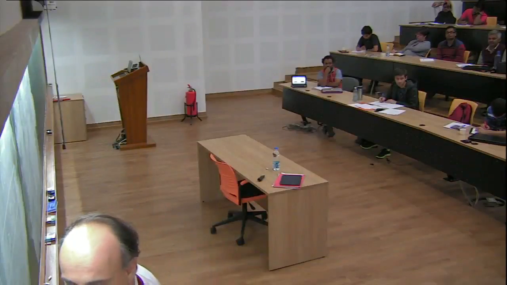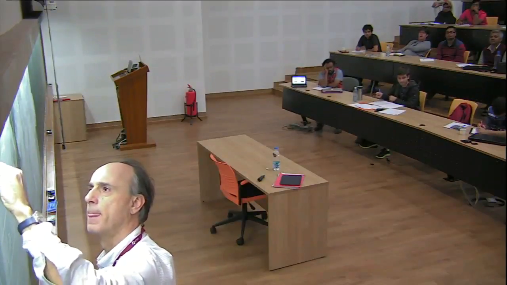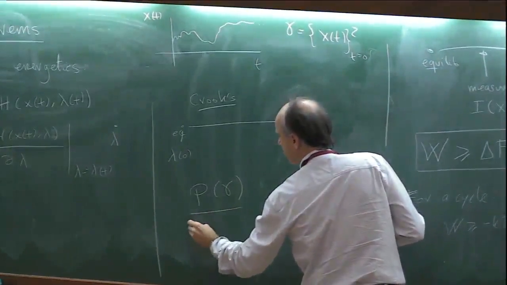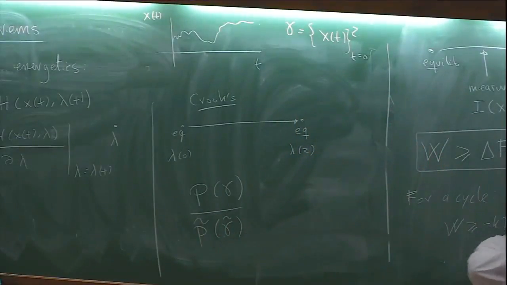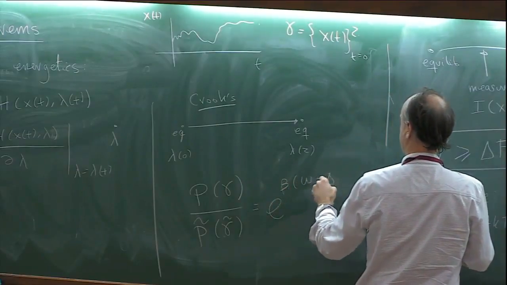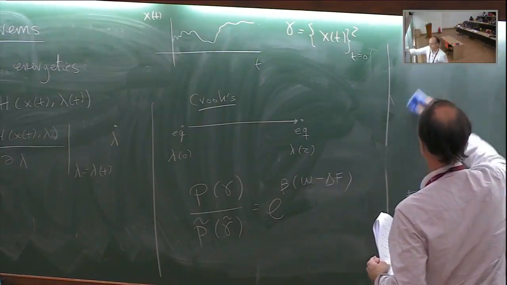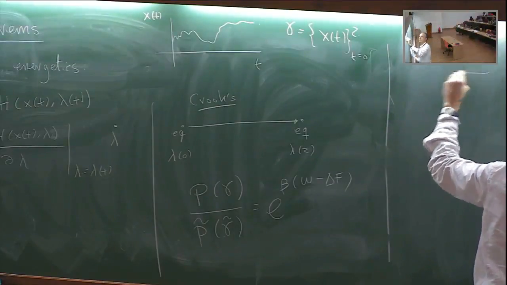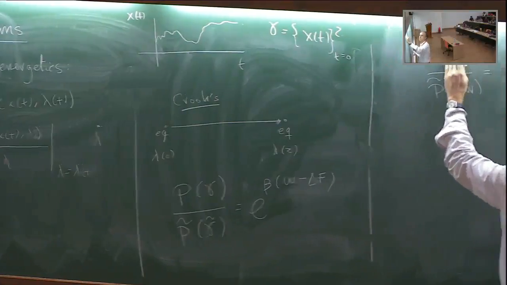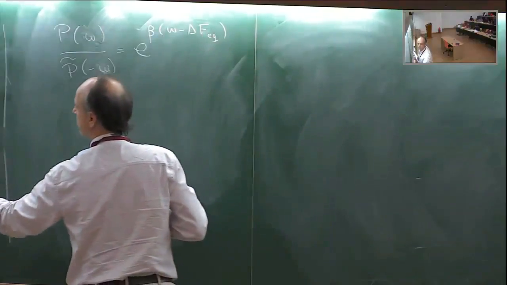He proved that the probability to observe a trajectory, I will call gamma the whole trajectory, divided by the probability to observe the inverse trajectory when I invert the process, is the exponential of beta times the work minus delta F. Some of you probably have seen the Crooks theorem in this way. This is equilibrium. But this is more general.